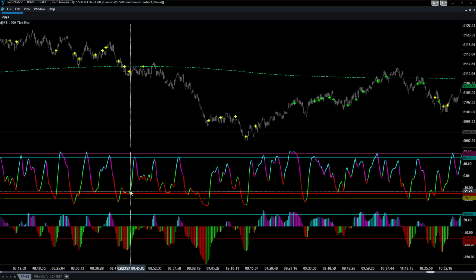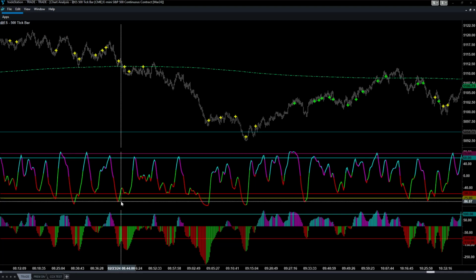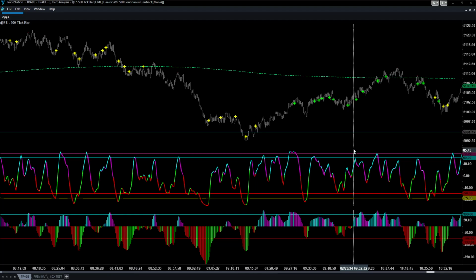So the only time I'm going to think about taking a trade off of this type of divergence is after we've reached the bottom. I'm going to be looking at a break through the lower threshold for bearish opposite and a break above the upper threshold for bullish opposite.